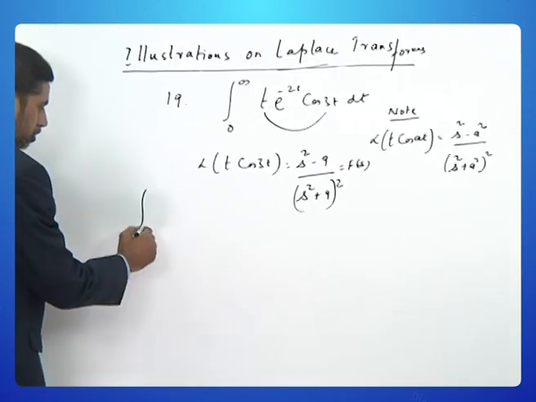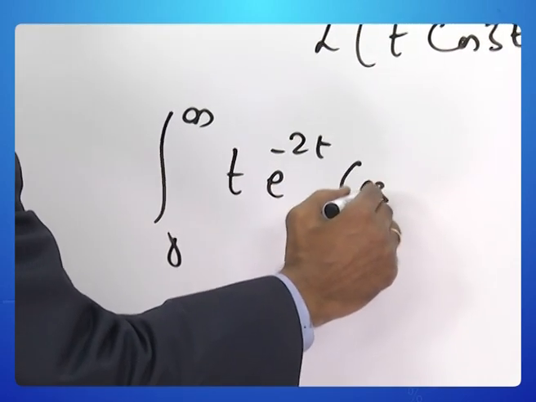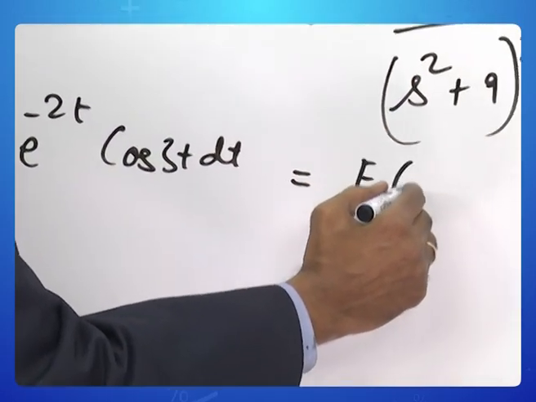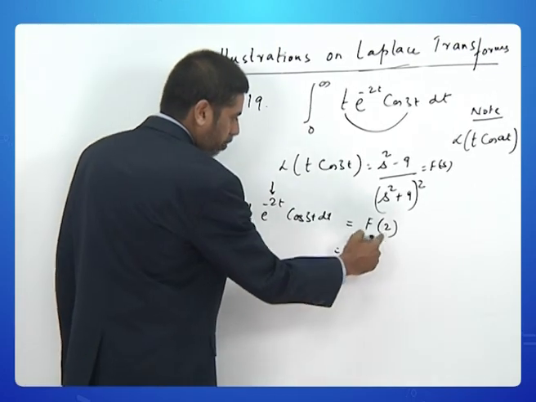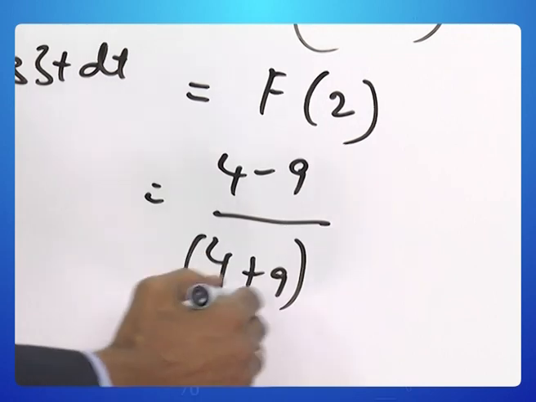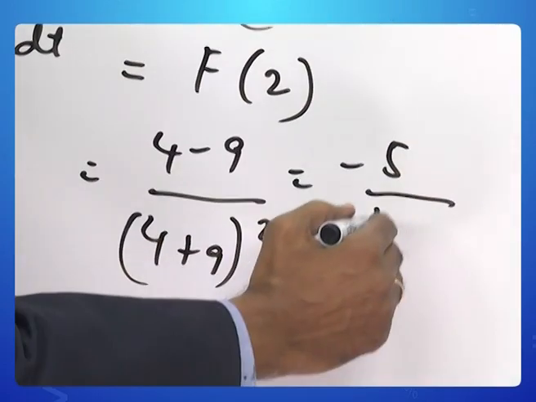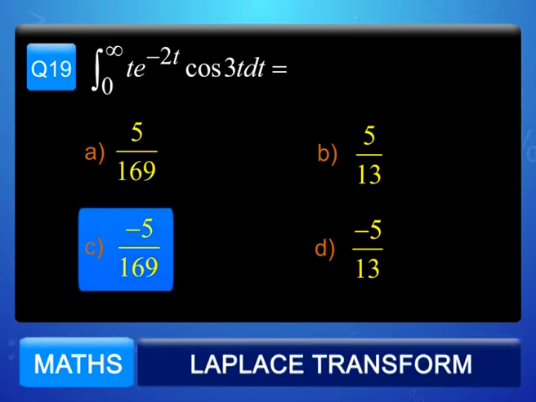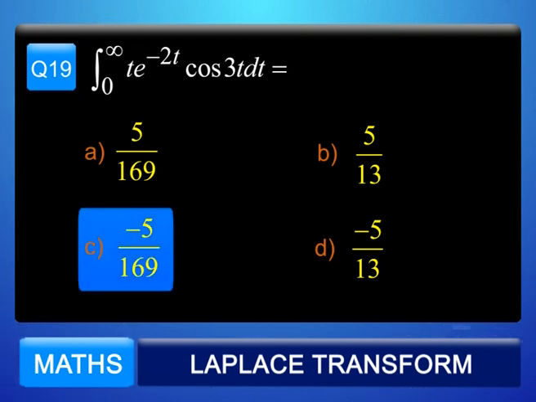Now 0 to infinity t e power minus 2t cos 3t dt will be f of 2. This is what we have to pick up, right? So replace s with 2. 4 minus 9 by 4 plus 9 whole square, minus 5 by 13 square is 169. So the correct option happens to be C. So this is how improper integrals through Laplace transforms can be one of the fastest ways of evaluation.